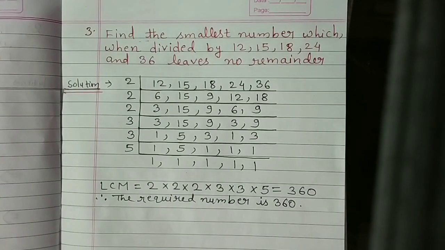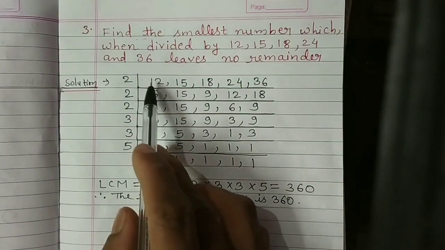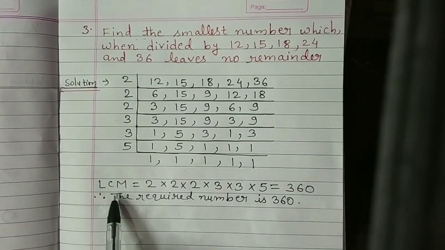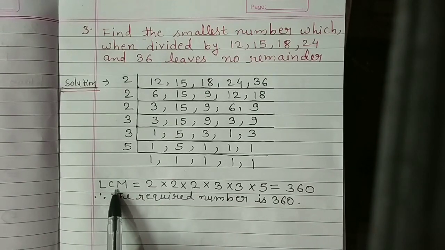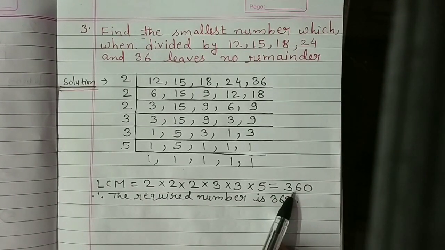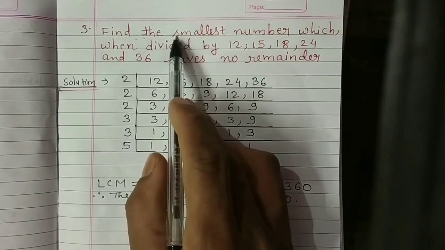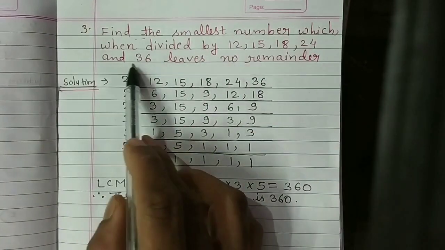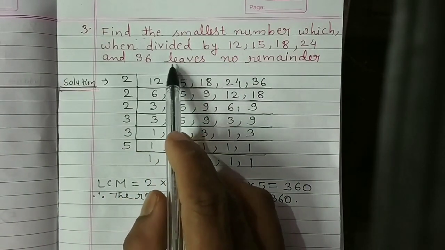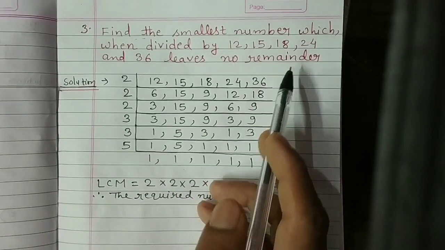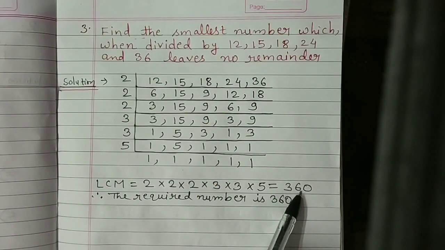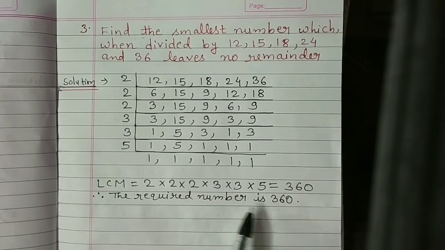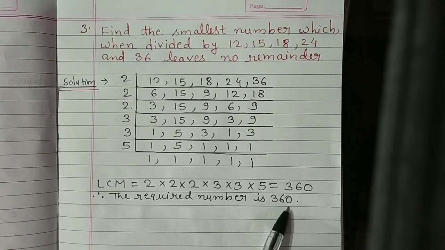So the LCM of all these numbers is 360, and this 360 is the smallest number which is divisible by all these numbers completely, means leaves no remainder. So our answer is 360. Therefore I have written at the end, therefore the required number is 360.